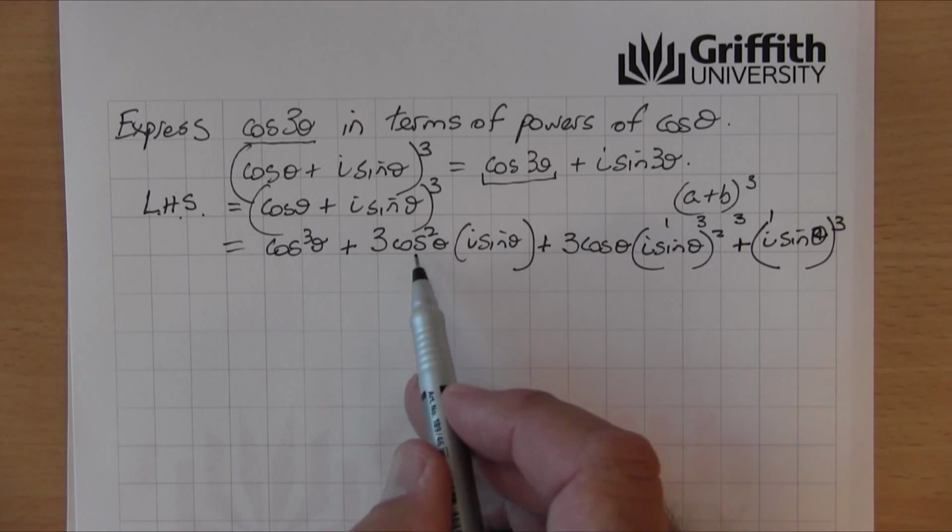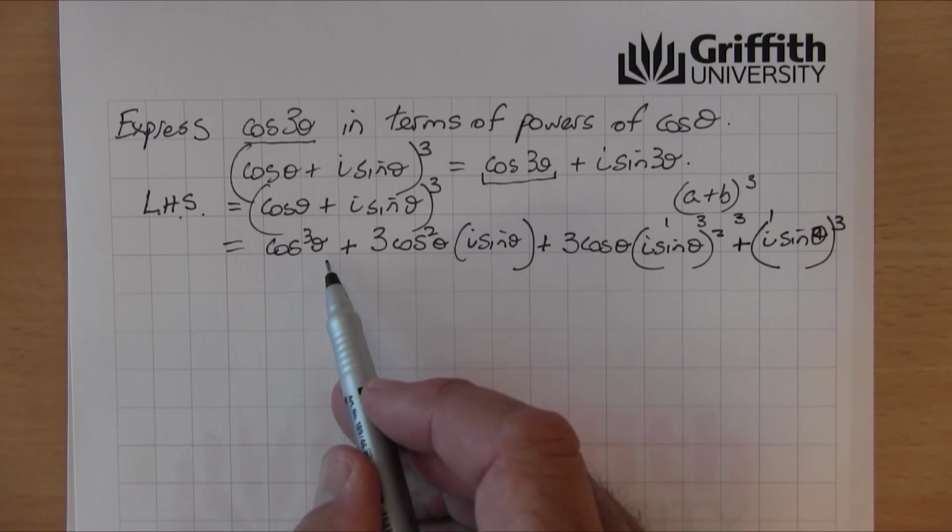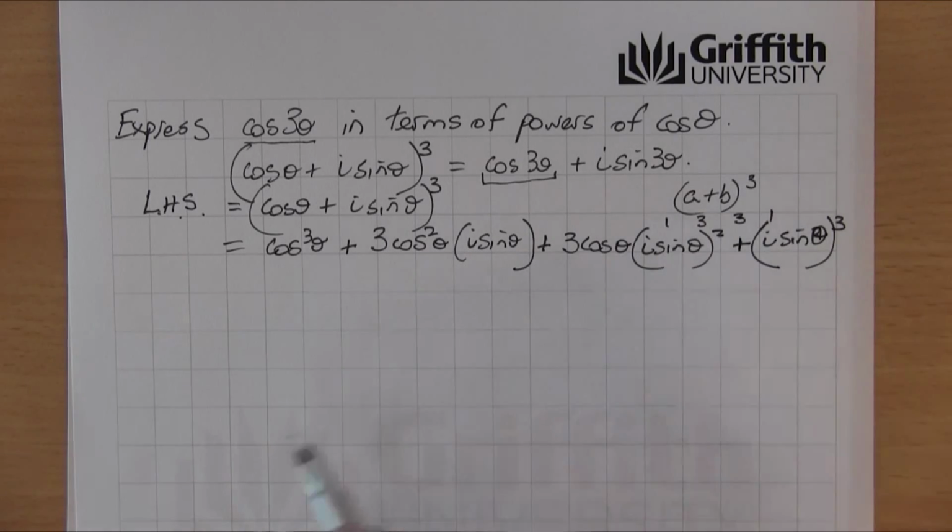So the powers of cos are going down by 1, and the powers of sine are going up by 1.